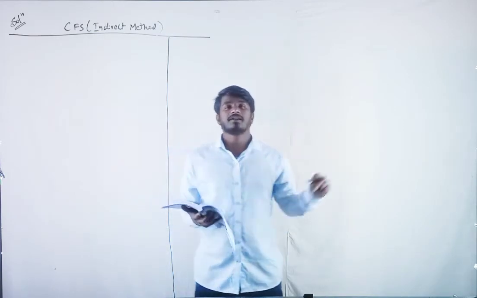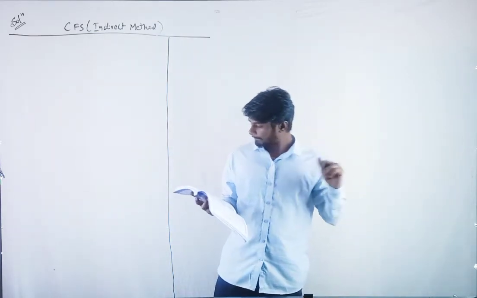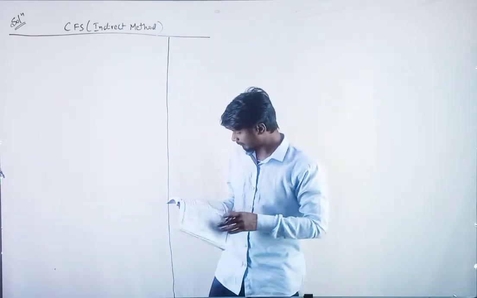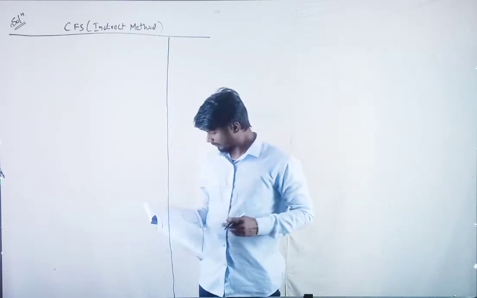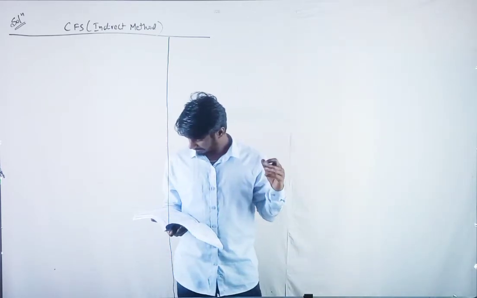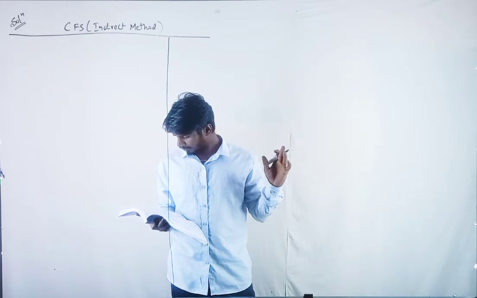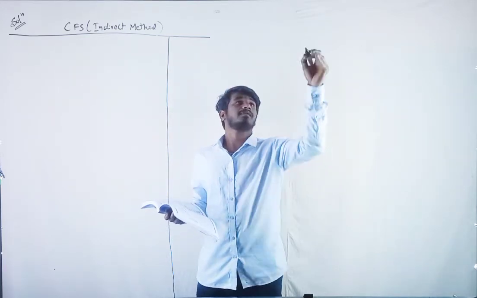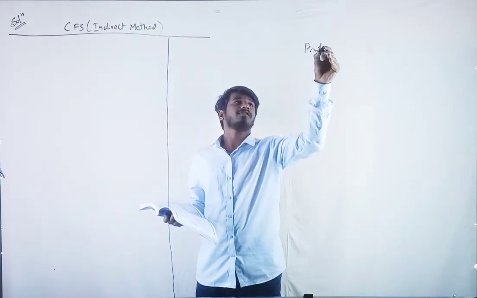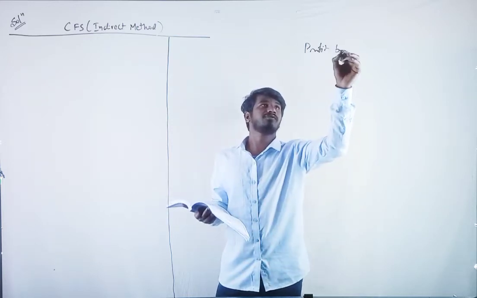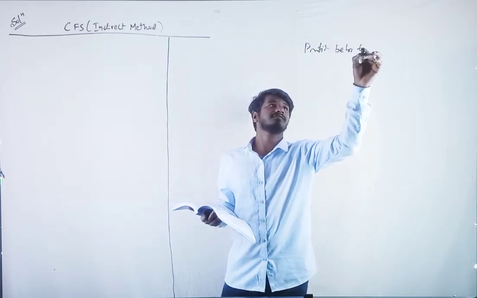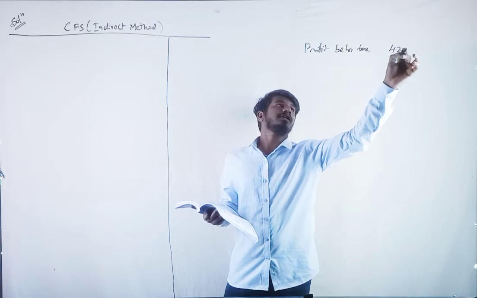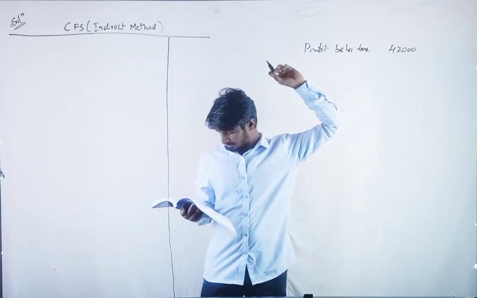Okay, shall we do the indirect method for question 1? Yes, sir. First, they have given revenue from operation. Okay, straight away we should take profit, right? From profit we will start. Profit before tax they have given how much? 42,000, right?